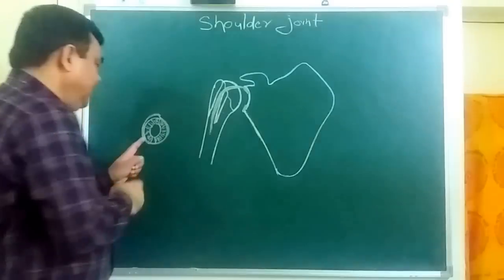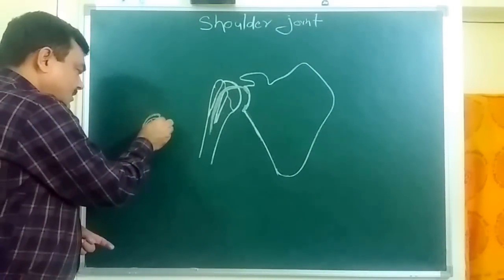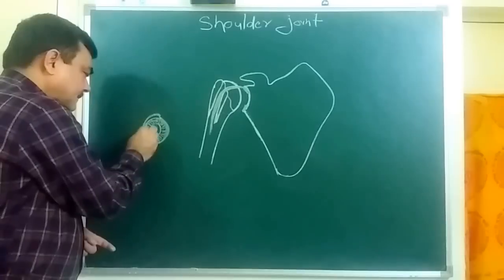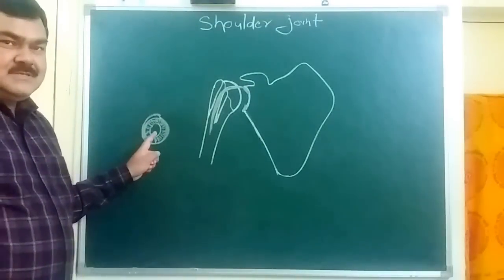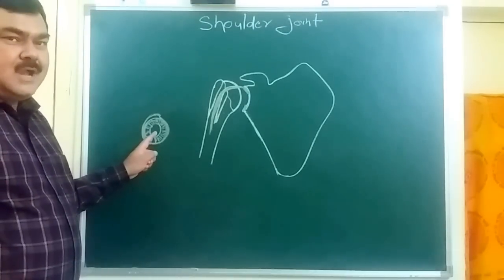This is the lateral view, this is the anterior view. It is attached towards the margin and deepens the glenoid cavity. This is the glenoid labrum, a fibrocartilaginous rim.